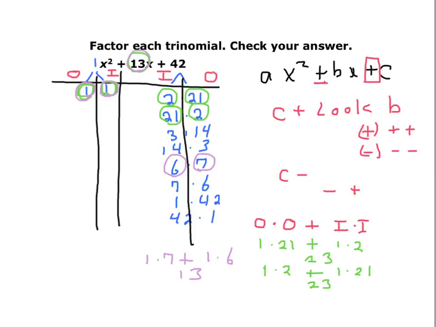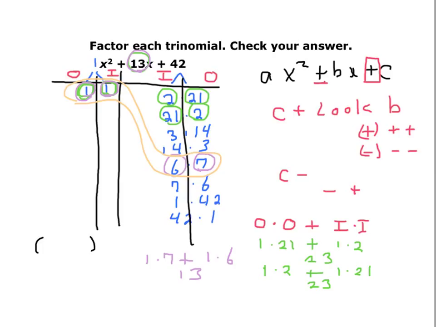All right, so that tells us that these factors right here, let me change pen colors here, are the factors that are going to work. Okay, so how do I put that into my factor choices? Well, here's how it goes.